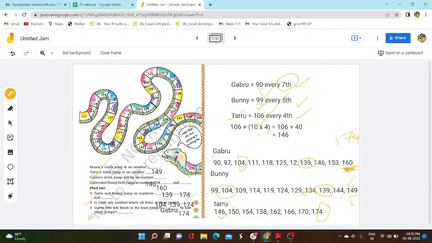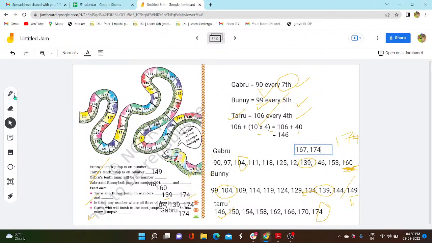He has to go till 175. That means from 160, if he moves in sevens, the 11th jump would be 167, and the 12th jump, add another 7 to 167, it would be 174.